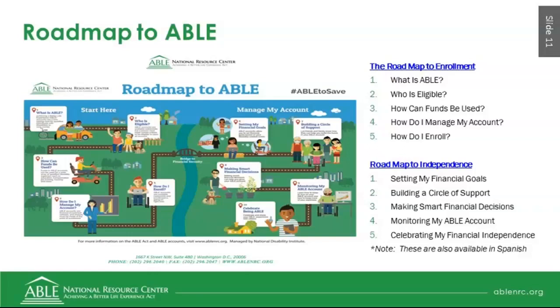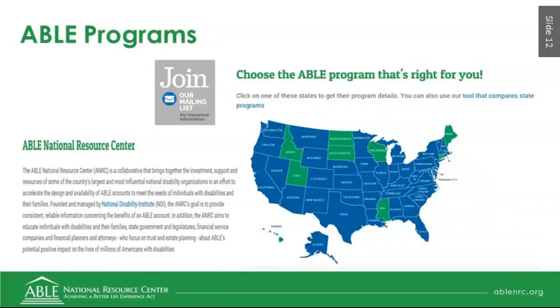But it also covers other pieces you're going to want to check out. So that Roadmap to Independence covers the following 5 steps: setting your financial goals, building a circle of support, the people and entities who can contribute to your ABLE account, and there are many, making smart financial decisions, monitoring your ABLE account, and finally, celebrating your financial independence. And this information is also available in Spanish.